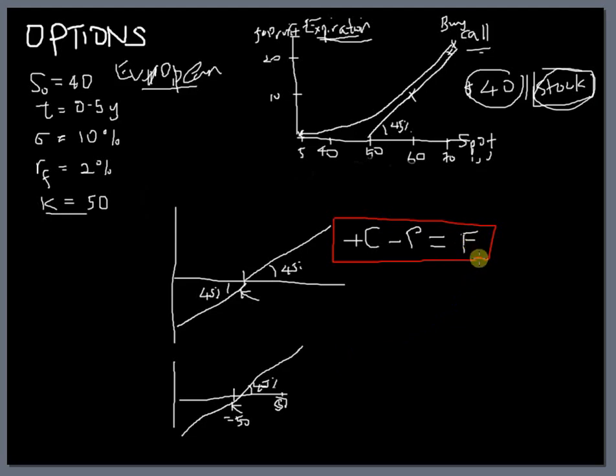Okay, this is a very intuitive way of understanding a put call parity. And what is F? F is basically the price of the forward today, strike at K.